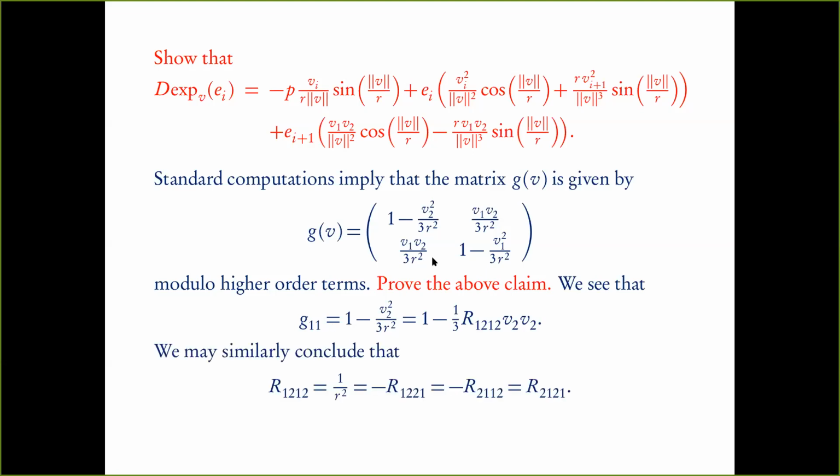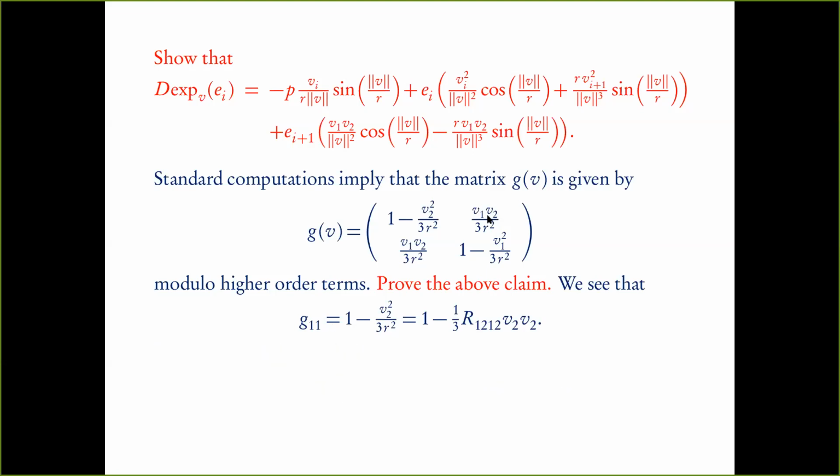Similarly, if you expand G12, what happens? In the G12 expansion, you have this term V1, V2, right? So you're looking at R1, V1 to XKXL. So one has to be careful: when you look at V1, V2, you have to think of it as V2, V1.